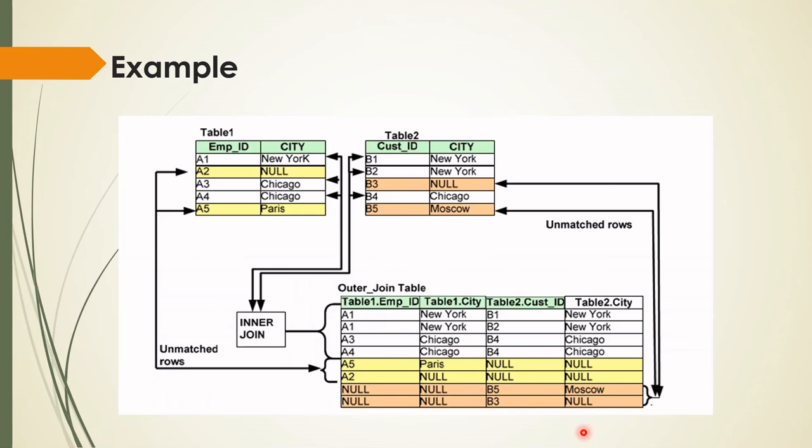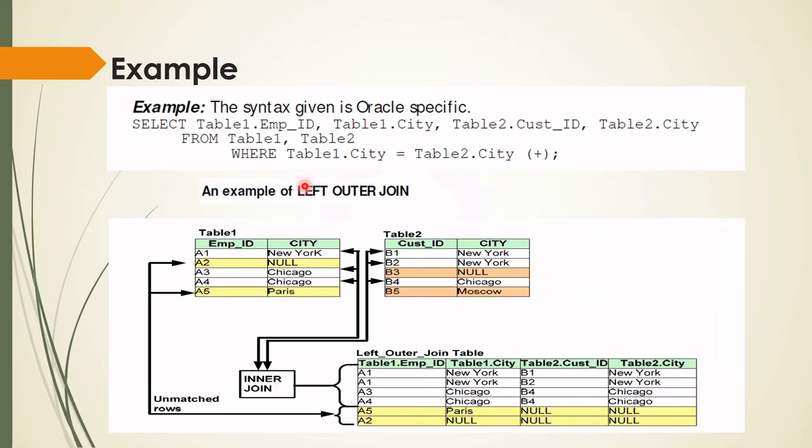So clearly see the difference. Here, this yellow line is for the left side table and this orange one is for the other table. If we have a full outer join, then we have to consider both. Now we have a left outer join, so we have to consider only the left table. According to the left table, these four records are matching, and A5 and A2 are the unmatched pair. So this is the left outer join.